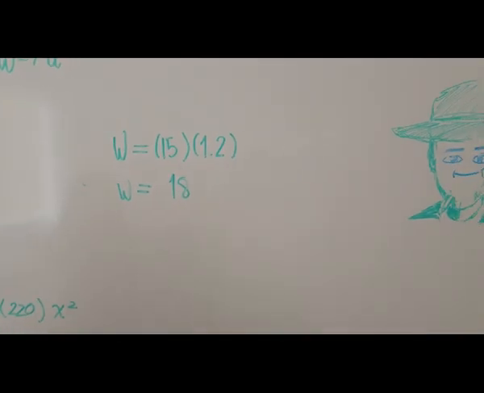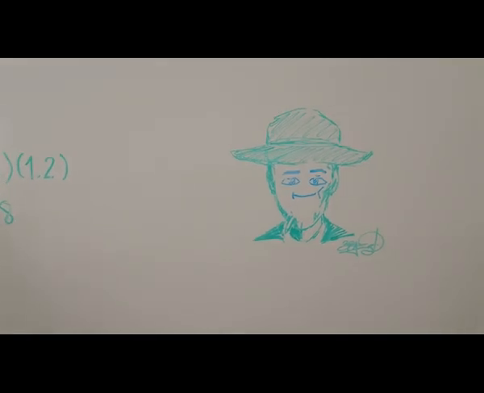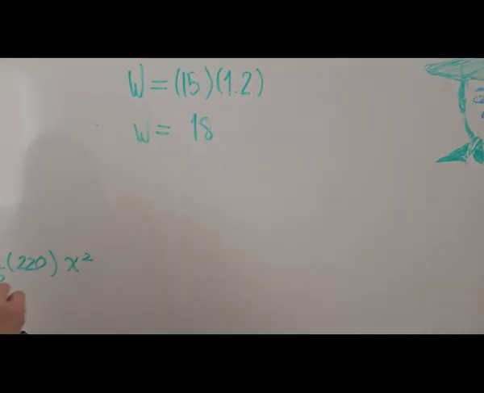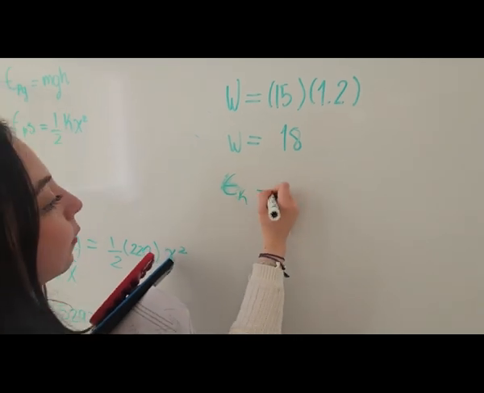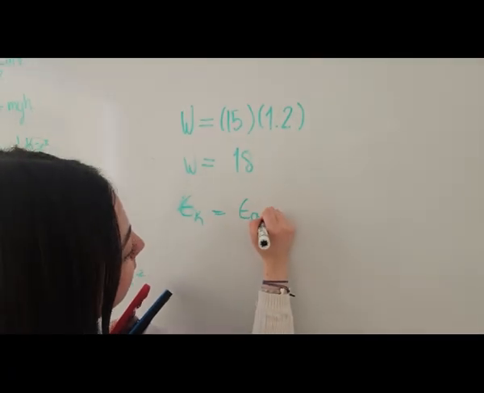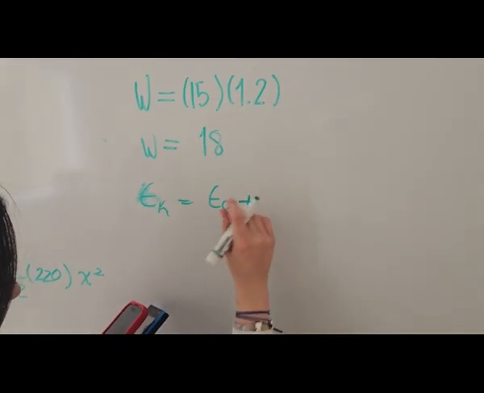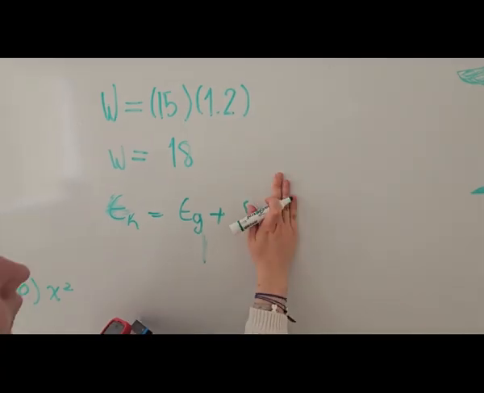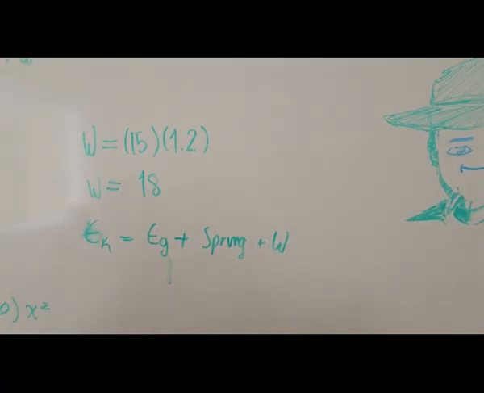Now we're just going to repeat the same process, but take into account this. So kinetic energy again will be equal to gravitational potential energy plus spring energy plus work done against friction.